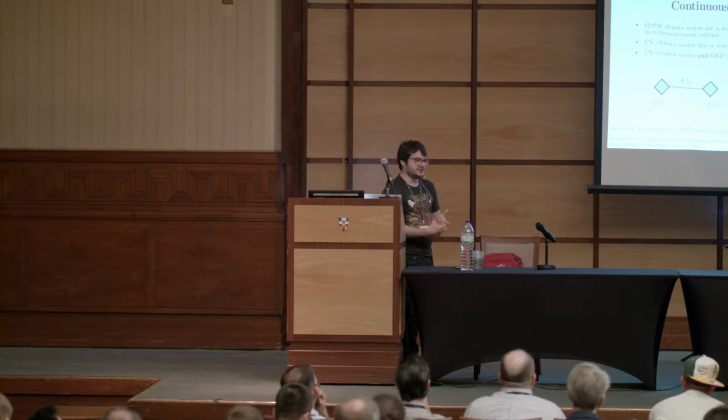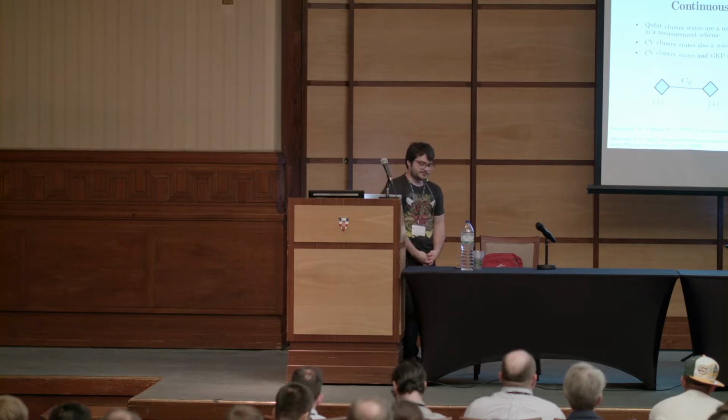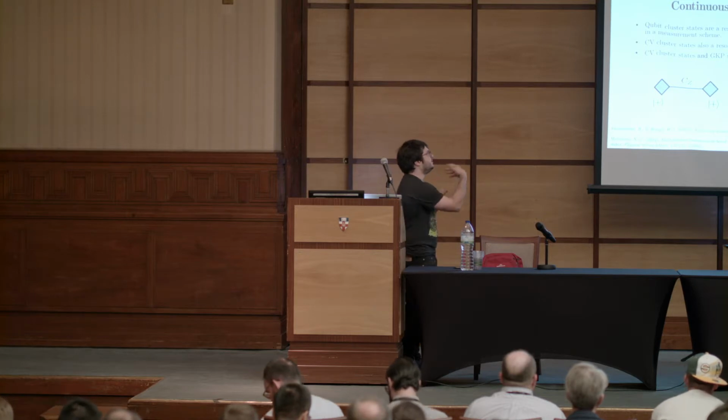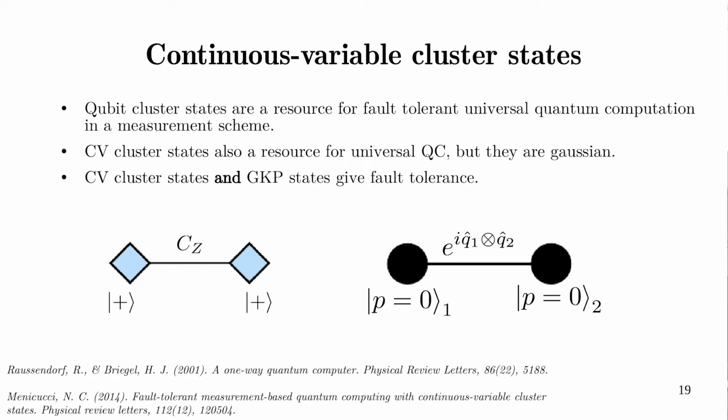We have a CV version of that, but that CV version deals with just Gaussian states. Once we use encoded codewords on top of CV cluster states, then we can define a notion of fault tolerance, and therefore we have something we can use to do discrete variable algorithms, say.